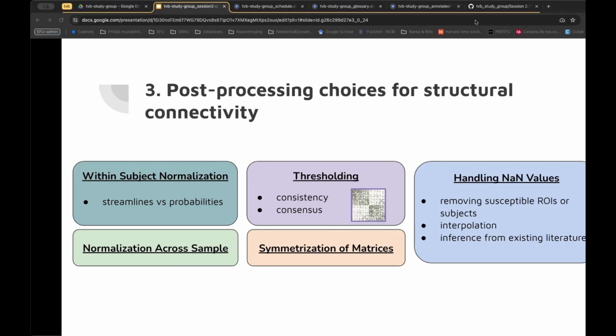So let's say this connection between region A and region B is only present in 50% of subjects. It doesn't meet our 75% threshold, so that connection is set to 0 for all subjects. Whereas if you have a connection from B to C and that connection is present in 90% of these matrices, that meets your threshold, and I'll just leave that connection alone. So you can see there are two different approaches to thresholding and getting rid of these potentially false positives.